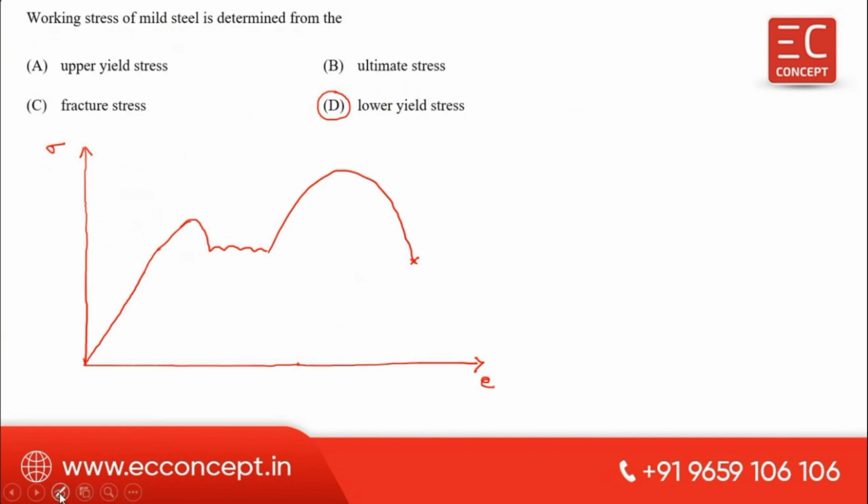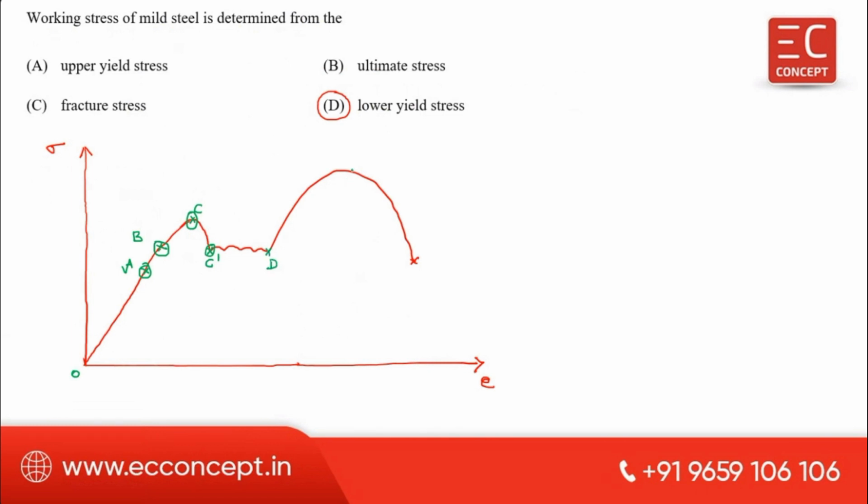This point is O, the origin point, and somewhere here this point is A, this point is B, this point is C, and this point is C dash. C dash is the lower yield point.